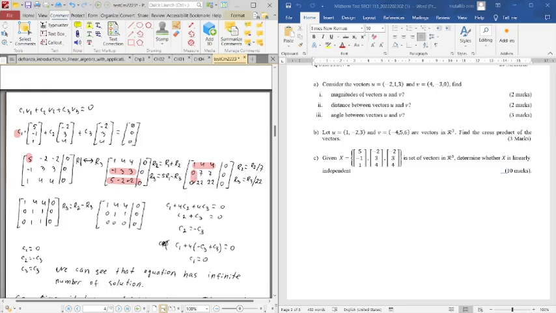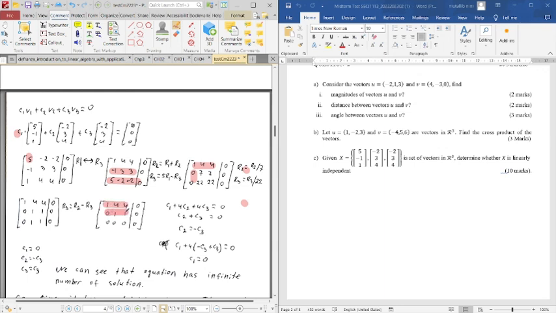Row echelon form means you need to get 0 in the lower triangular, like here, here and here. So after one more set of operations and one more, we're going to get this form at the end.